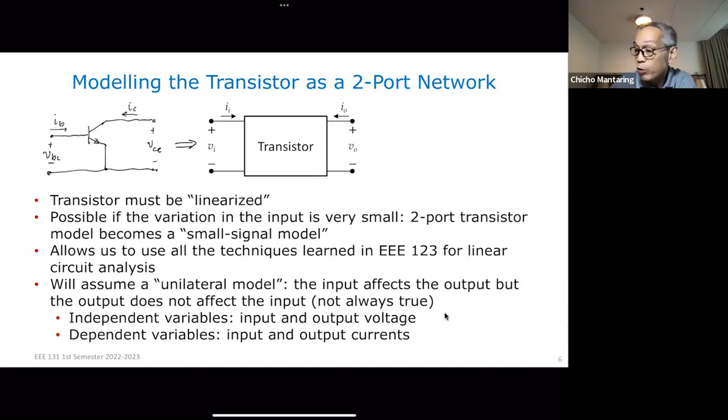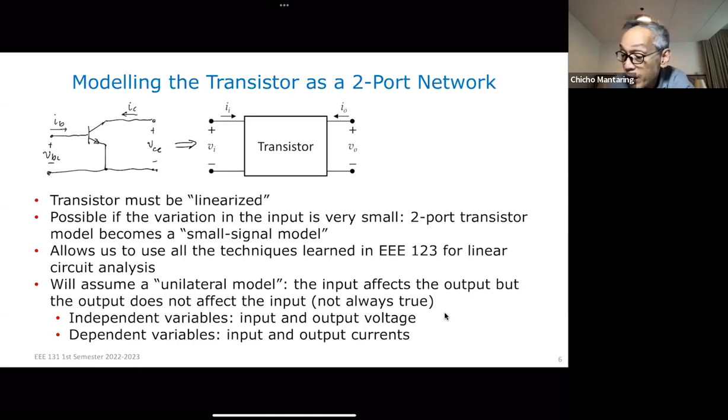So for me to be able to represent my transistor as a two-port network, I have to linearize my transistor. And that is possible if I make my input variation very small.